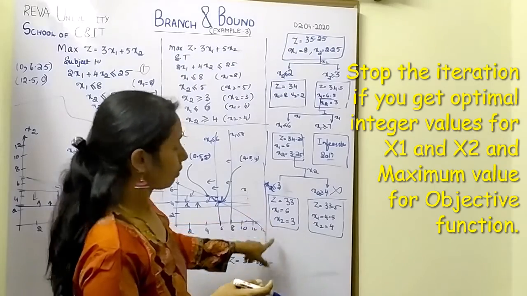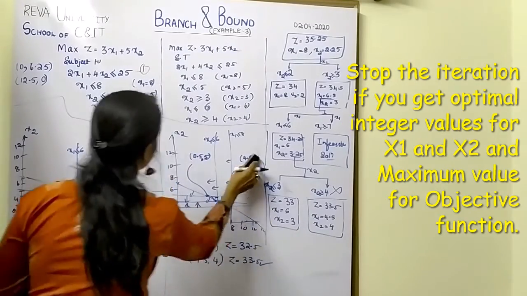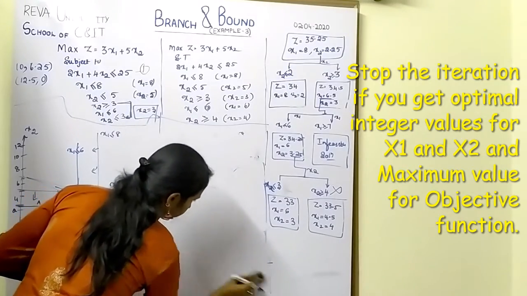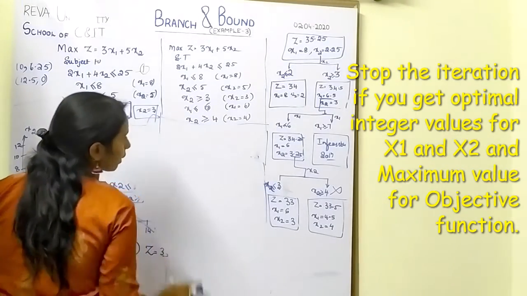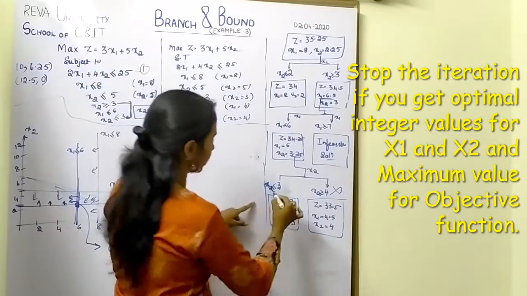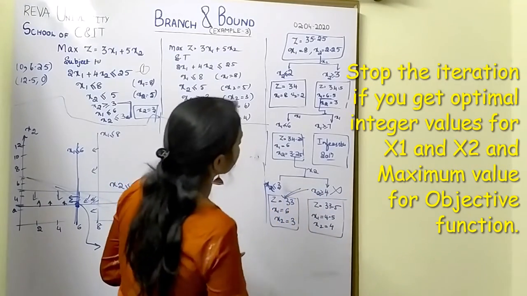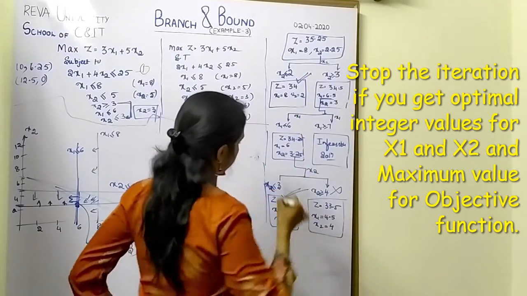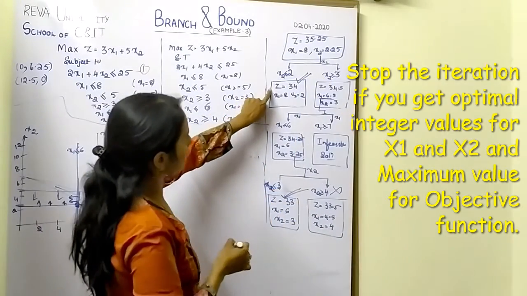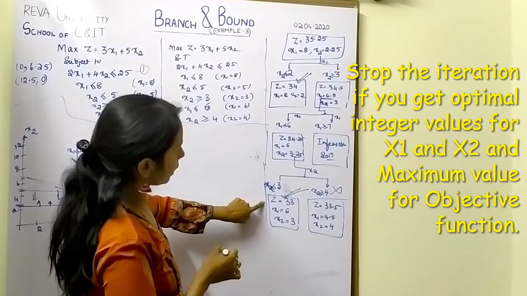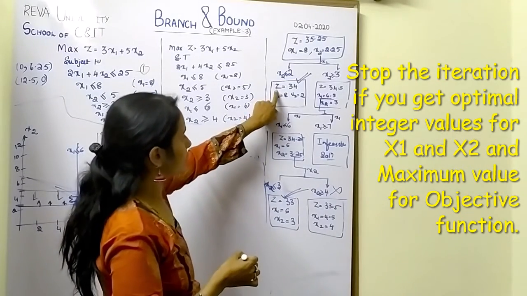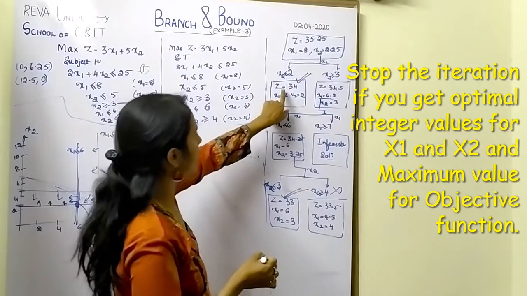So what are the optimal values for this function? Now the values are, see, this is integer, so you can consider this, and this is integer, so you can consider this. Among z is equal to 34 and the integer z is equal to 33, which is actually maximum, which gives you the maximum optimal solution, this.